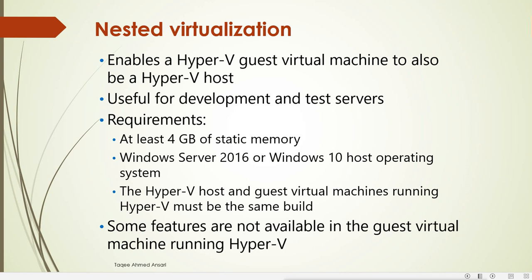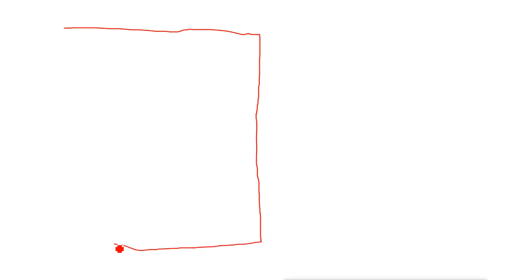Now what does that actually mean, and why do we need this? This is our physical machine. In that physical machine we install the Hyper-V services, and then we create one virtual machine inside our physical machine.